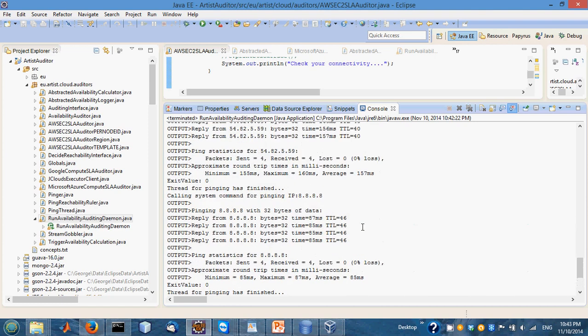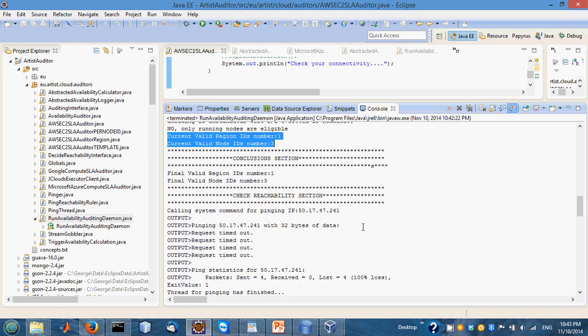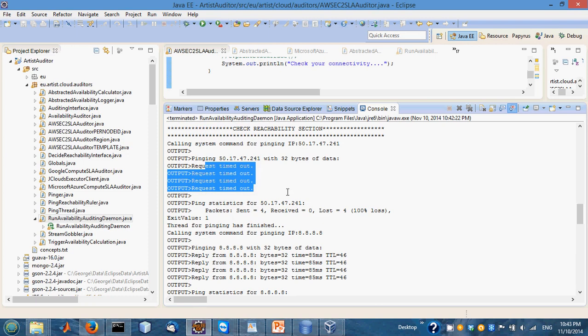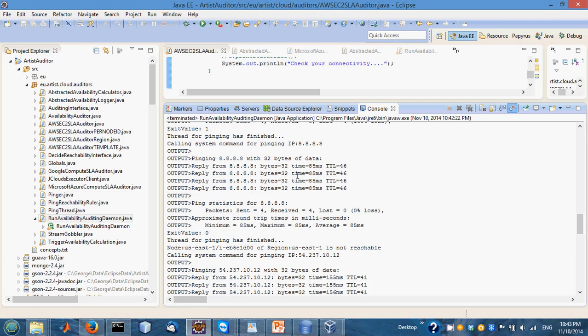So let's check the printouts. You can see that due to the ICMP configuration, the first node appears as unreachable. You need to check also that each time that we are pinging a virtual machine, we are also pinging Google DNS. This is due to the non-repudiation feature.